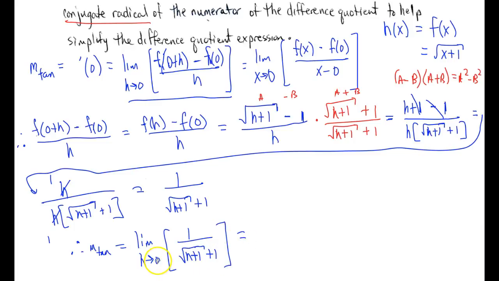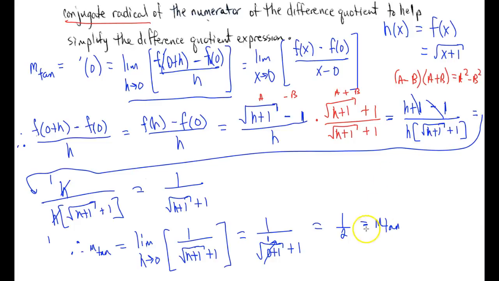And now, by using our limit laws and the direct substitution property, we can just plug in 0 for h there. So if we do that, we know that this part here just ends up being 1, so we just have 1/2. So we know that the slope of our tangent line here is just equal to 1/2.